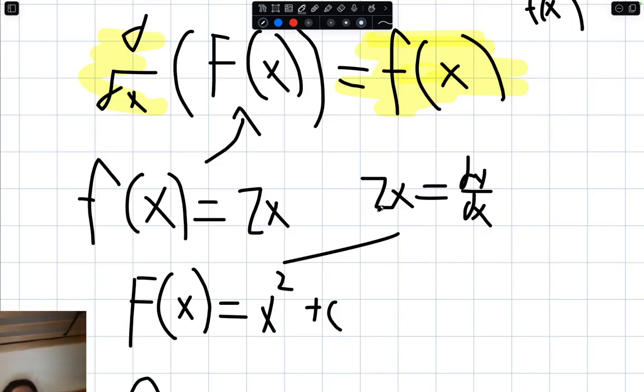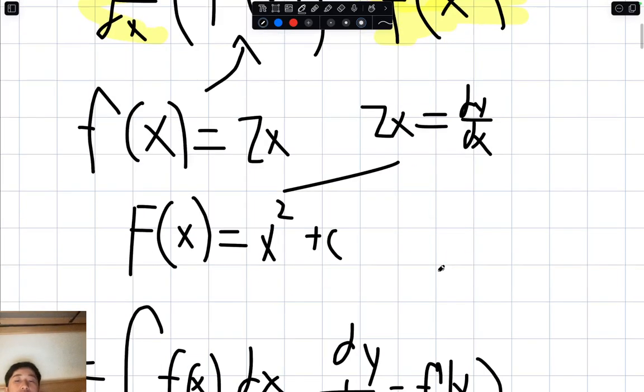Since there's already a 2 here, that would imply that the antiderivative not only added to the power, but also divided by 2 to get back to the original function.